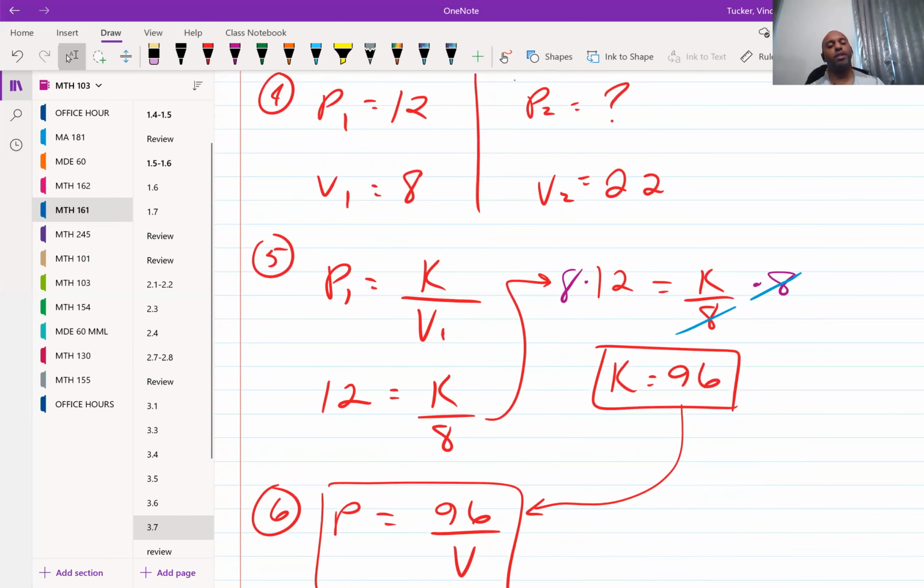And that's our new formula. P is equal to 96 over V. Any problems?